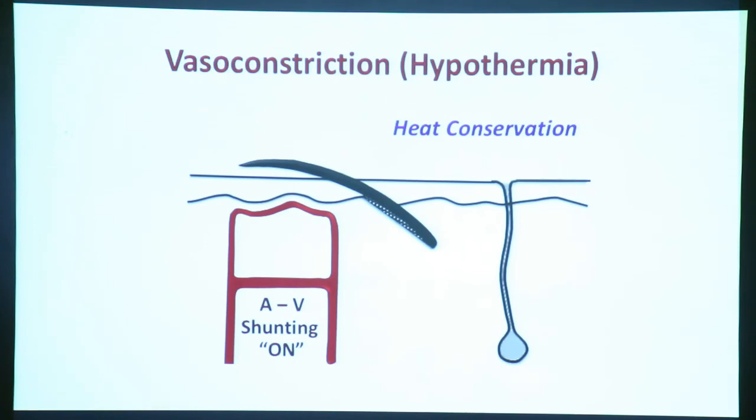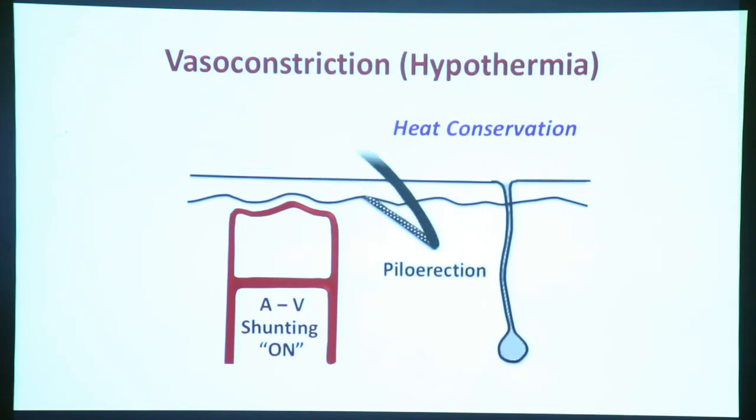And this is protection against further heat loss. The more the blood flows through the nutritional capillaries, the more the heat loss will be through the skin to the environment. So it's a protective mechanism: there is constriction of nutritional capillaries, and most of the blood will be shunted off through the AV thermoregulatory shunts, through the thoroughfares, onto the venous side.